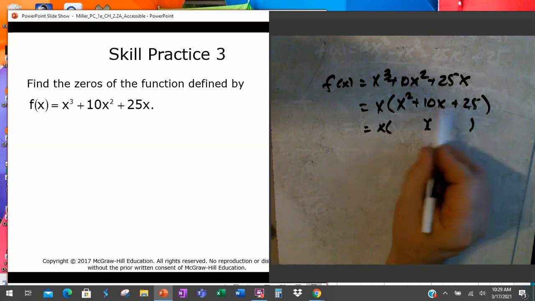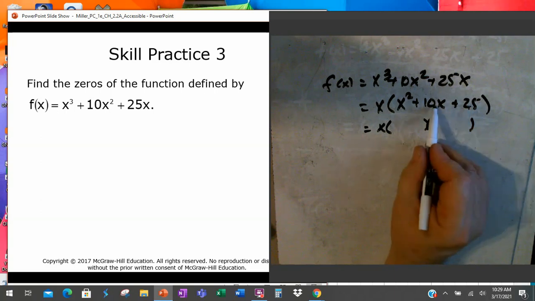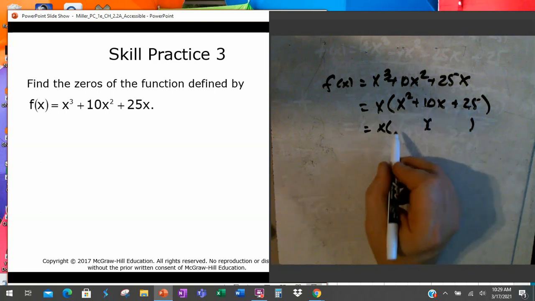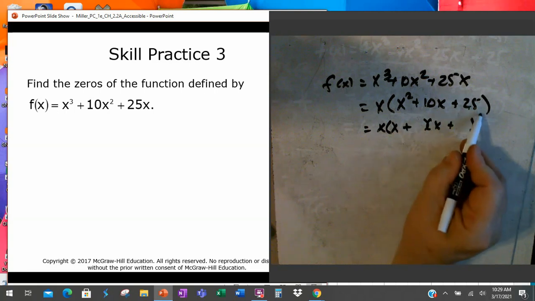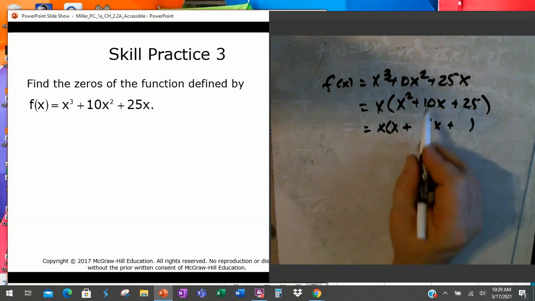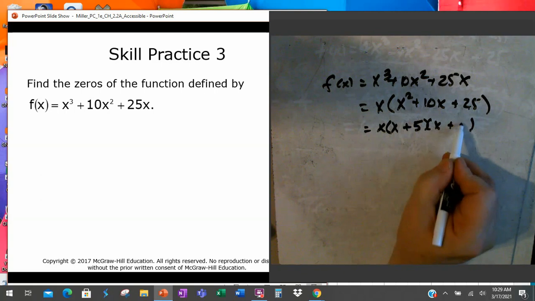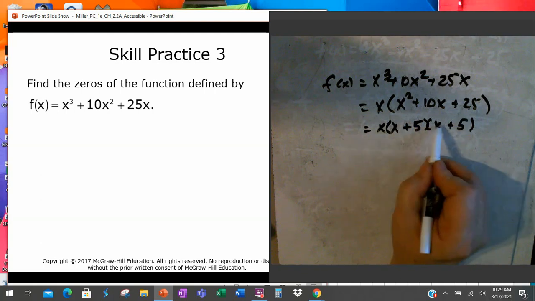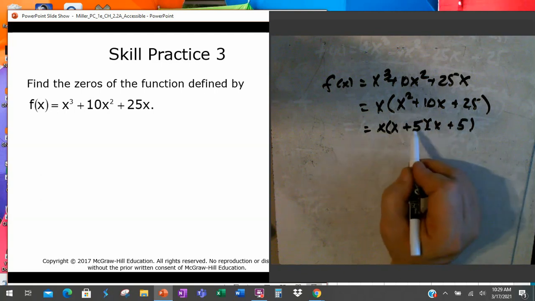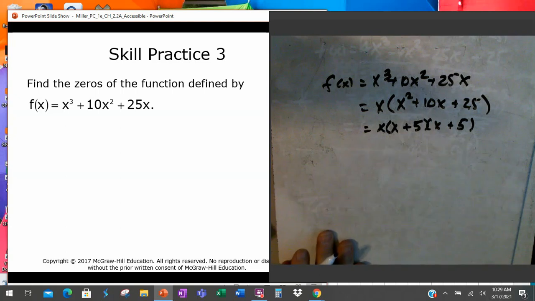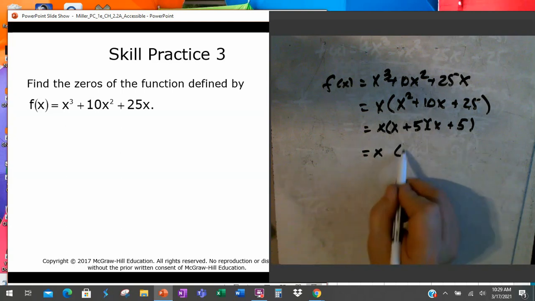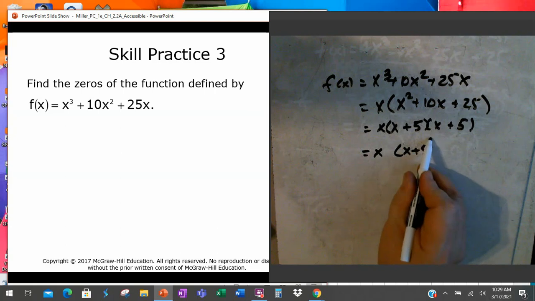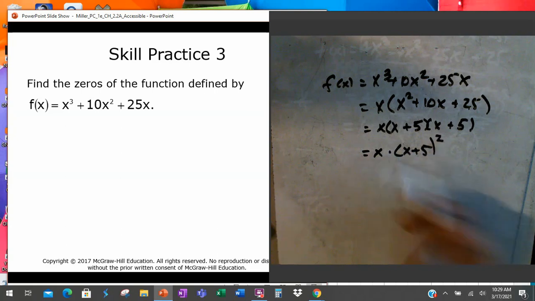Two factors that add to this number, 10. 5 and 5 should jump out at you. Those add to 10. x squared plus 5x plus 5x plus 25, and those two 5x's would give you the 10x. So this I would write as x plus 5 squared.